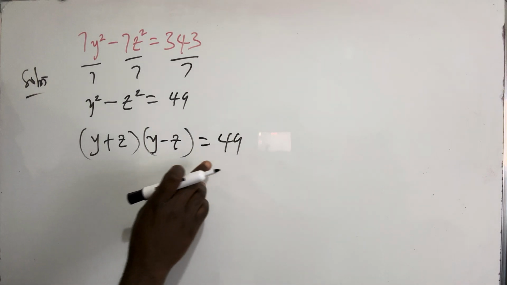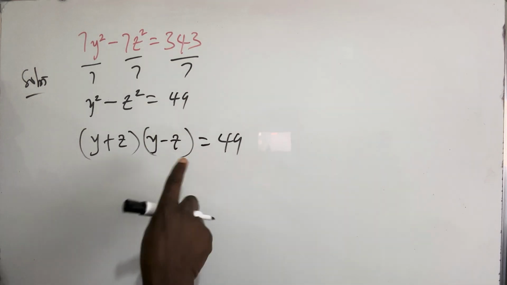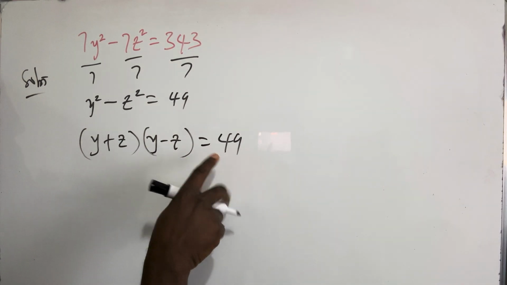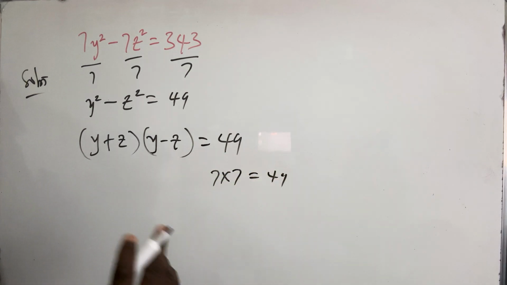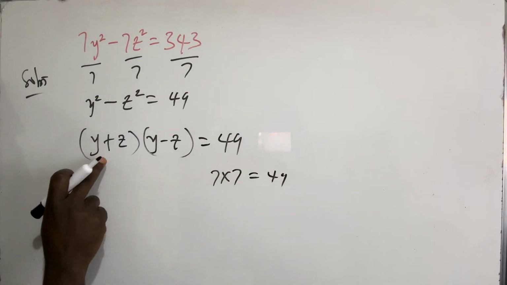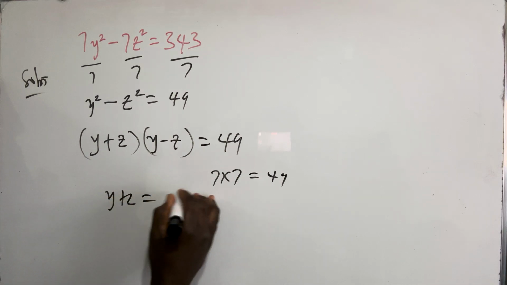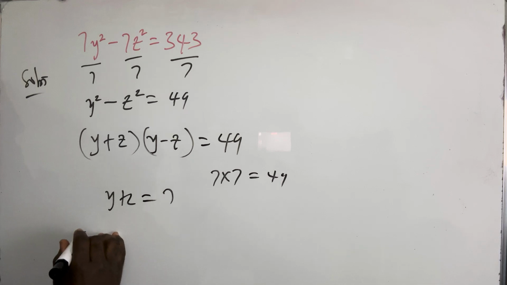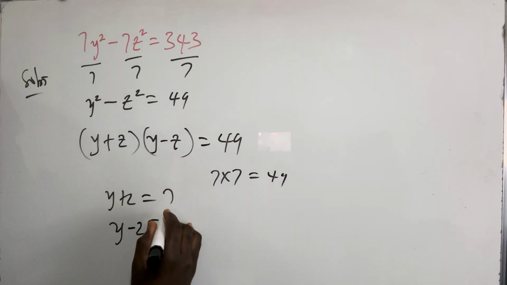Now there's something you can do. For this 49, there are two things you can multiply to get 49. You can say 7 times 7 will give us 49. So you can equate y plus z to 7 and y minus z to 7.